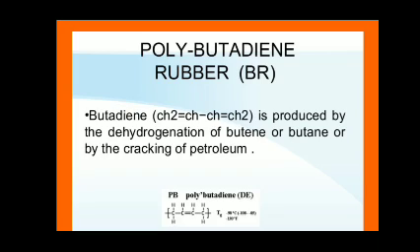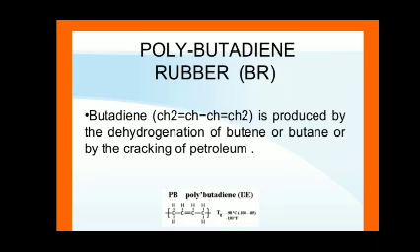Butadiene is prepared by copolymerization of butadiene to form butyl rubber.